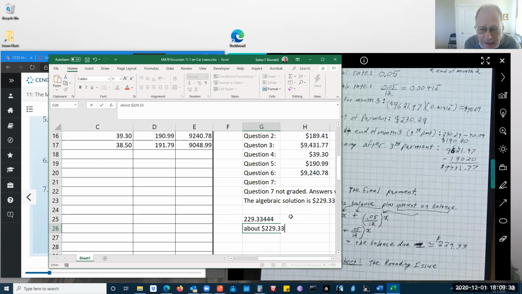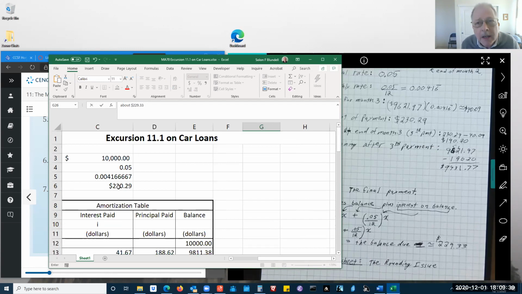But it assumes that this payment of $230.29 would be the right amount of payment to exactly cancel your loan at the end of 48 months. And it's not.